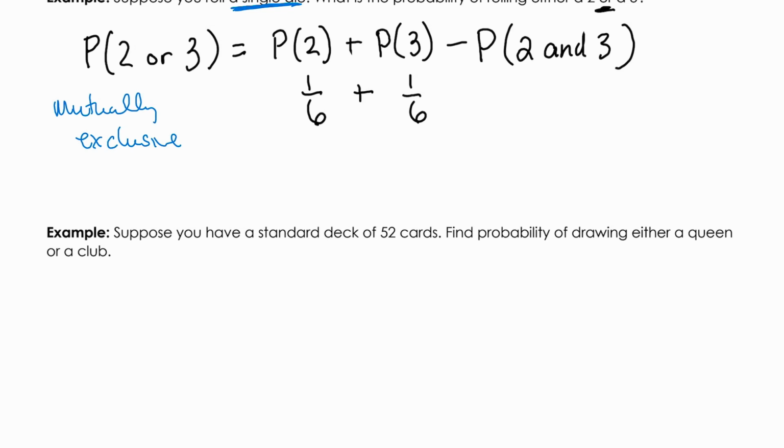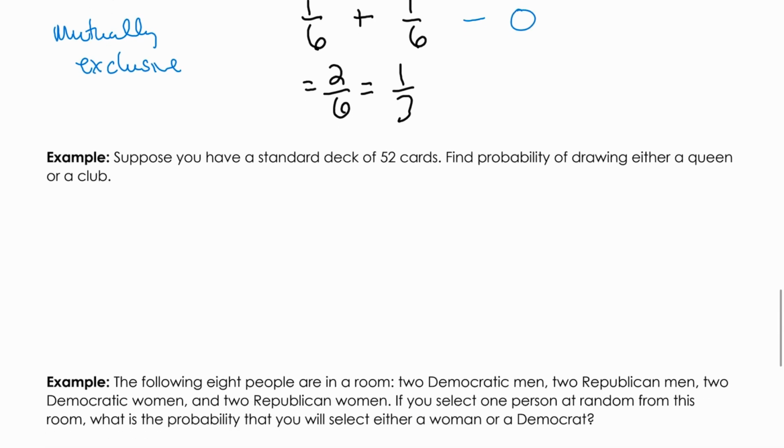You can't get a 2 and a 3 when you only roll a die once. So the probability of getting a 2 and a 3 would be 0, so I don't have to worry about calculating that. So I'm going to take 1/6 plus 1/6 and add them together. And that gives me 2/6, which is 1/3. So the probability of rolling a 2 or a 3 when you just roll one die is 1/3.